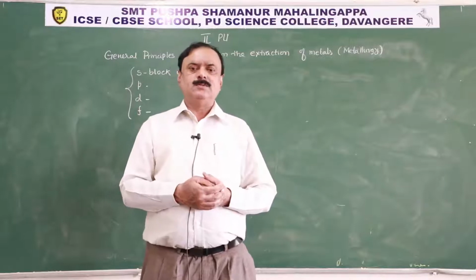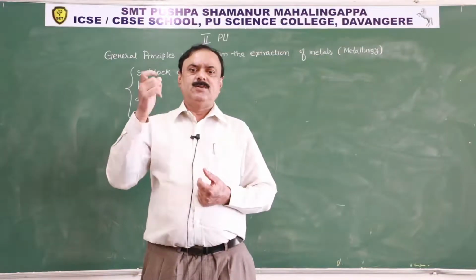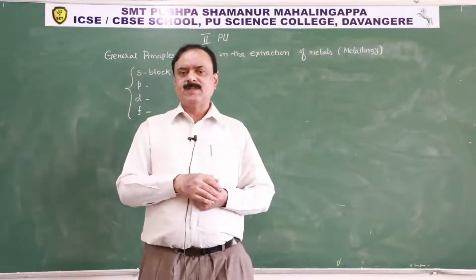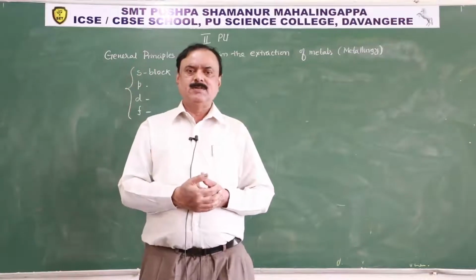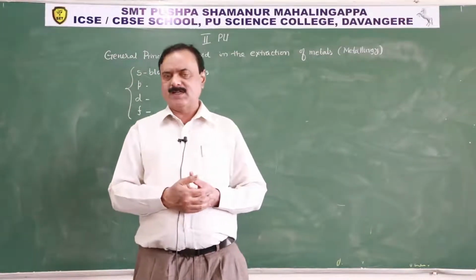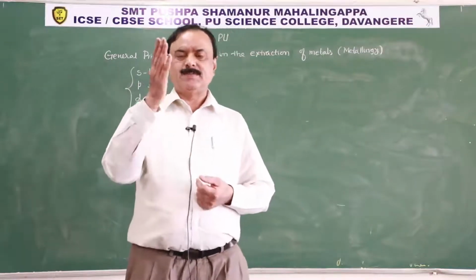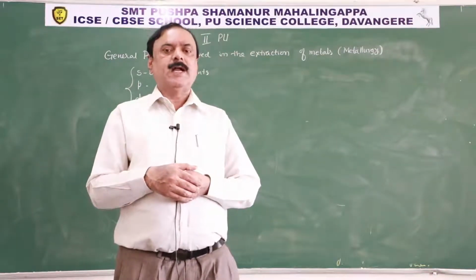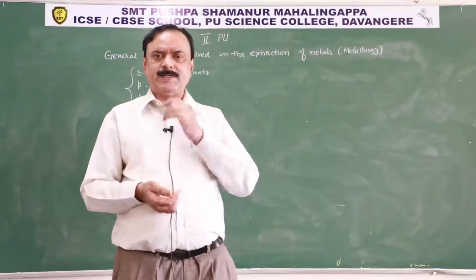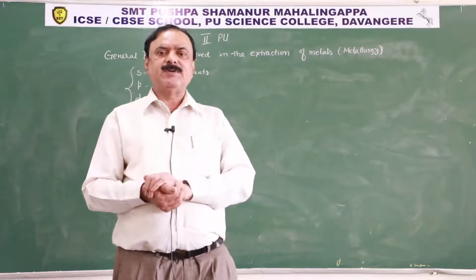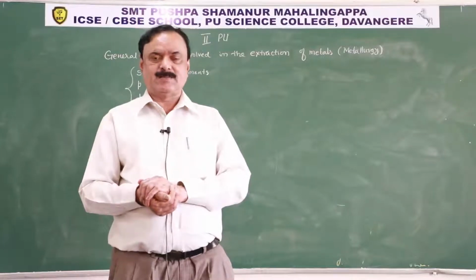Usually, group number 1 elements except hydrogen exhibit metallic character. Second group elements exhibit metallic character. D block elements are transition metals, and transition elements exhibit metallic character.